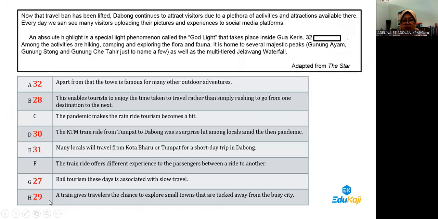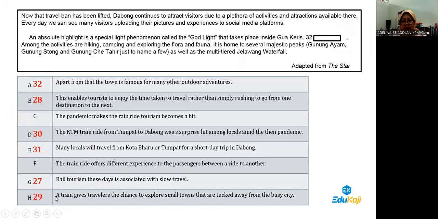So the answer is chance to explore small towns that are, number 27, Rail tourism these days is associated with slow travel. What does slow travel mean? Here, referring to the speed. Can you see? Okay, right. Then you can see the clue sentence here.